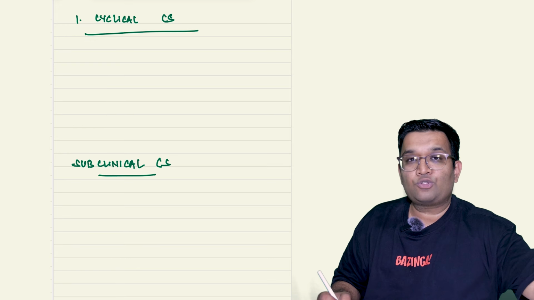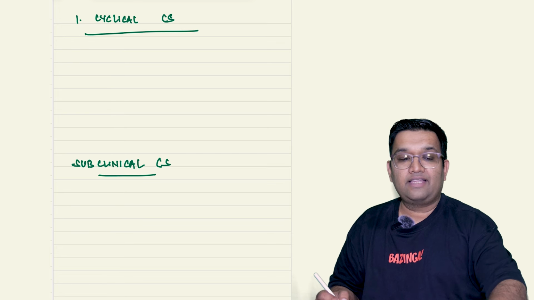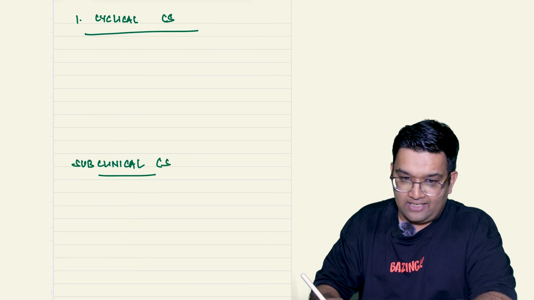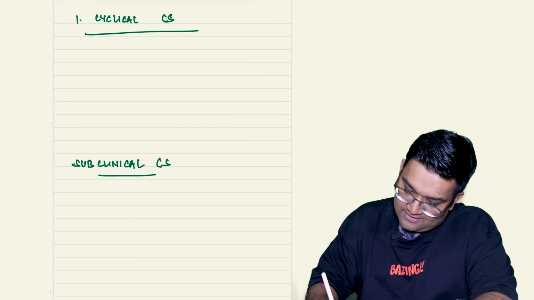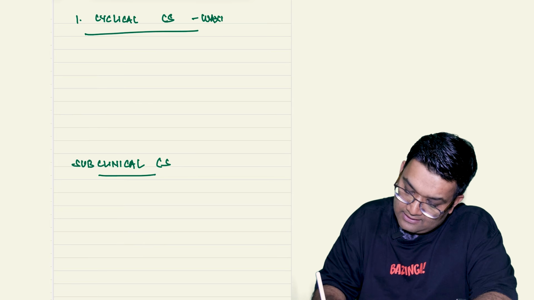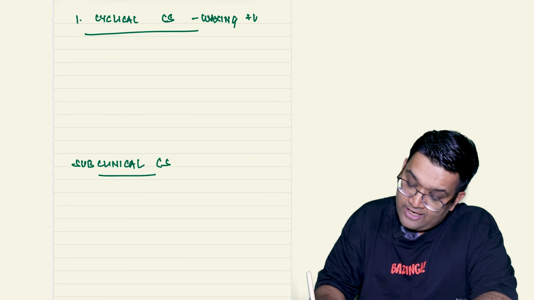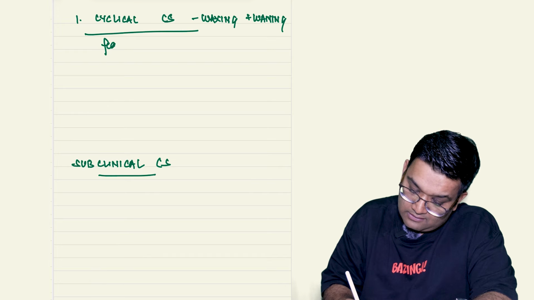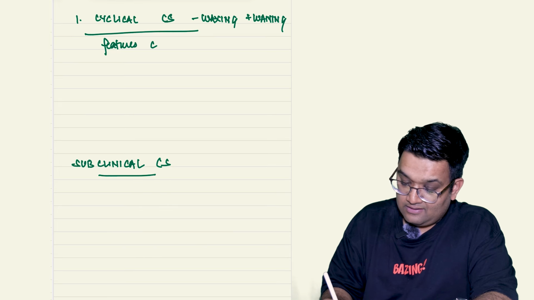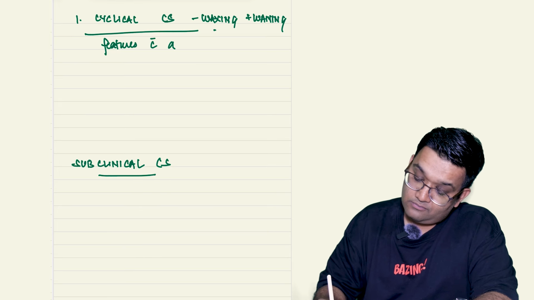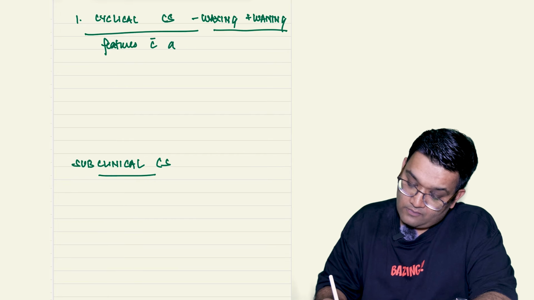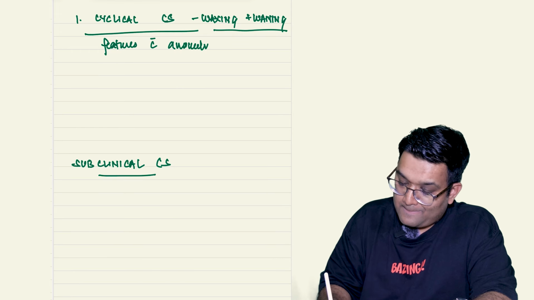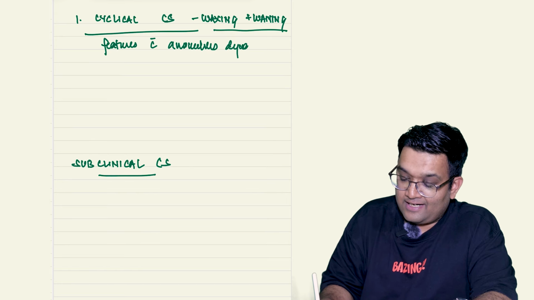Cyclical Cushing syndrome is basically that hypercortisolism is there, but there is a waxing and waning with anomalous dynamic tests.